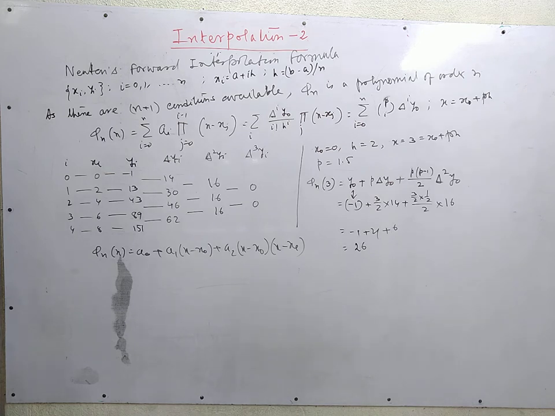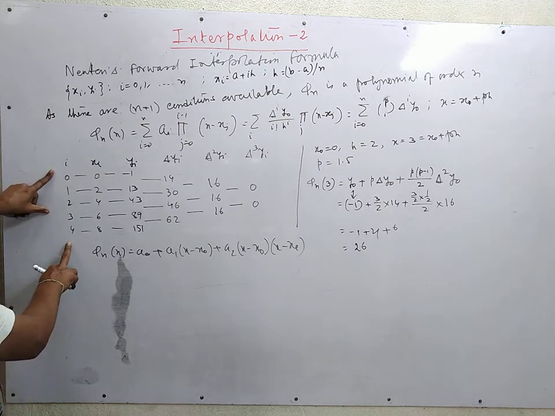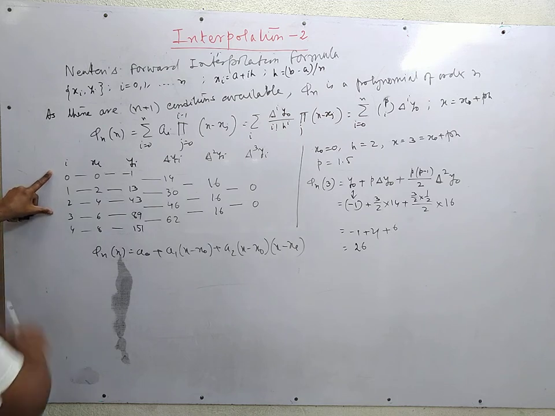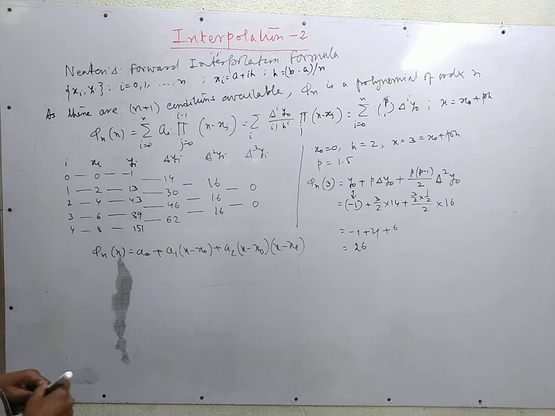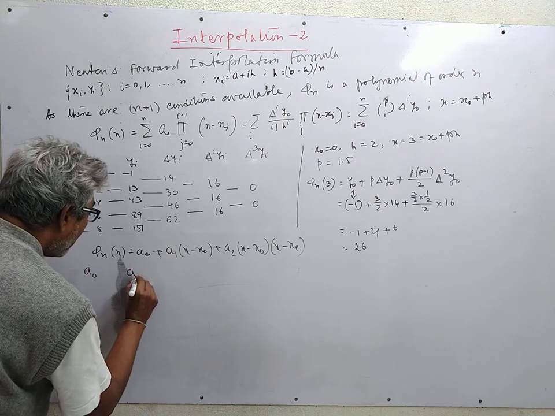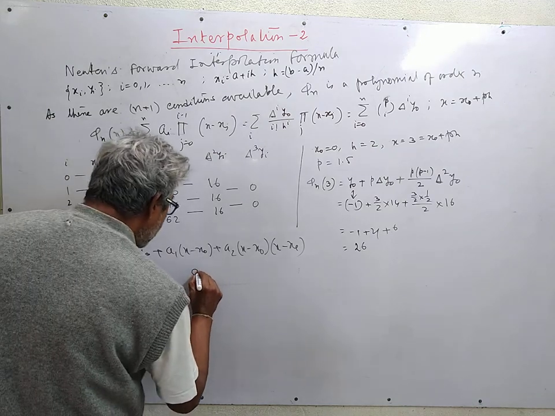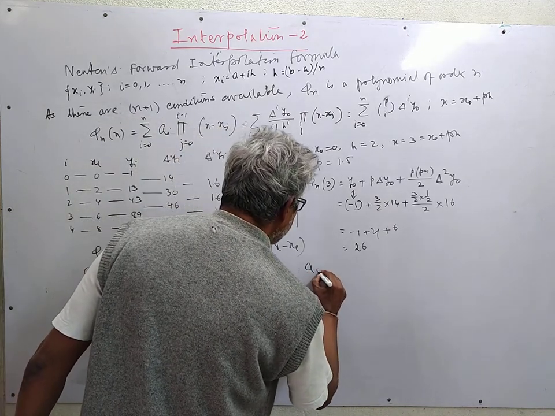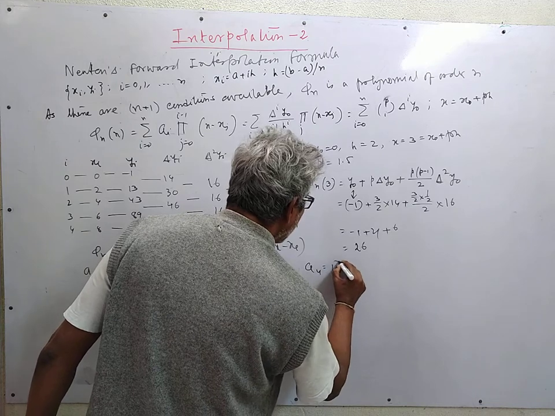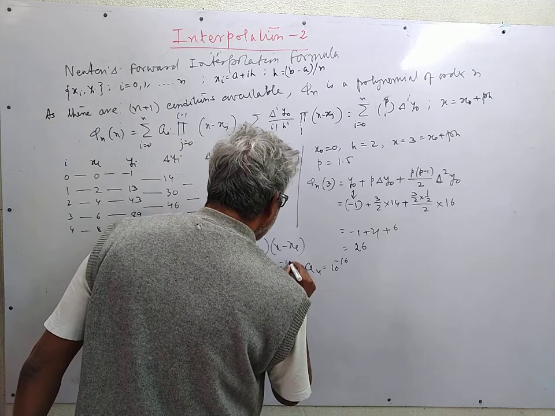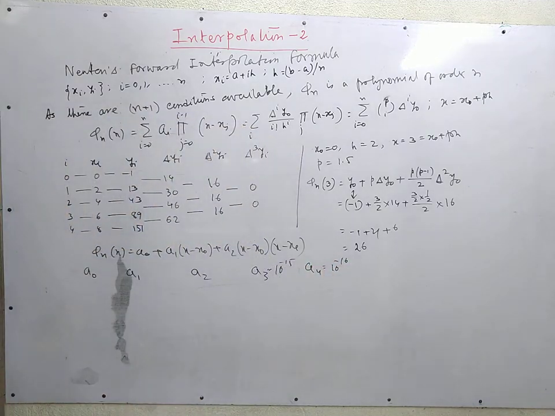I tried to feed this data in the computer and gave a polynomial fit of order 4. It is found that A3 and A4 are essentially zero. Let me quote the exact values that I have used. This is of the order of minus 16, this is of the order of minus 10 to the power 15, so they are 0.